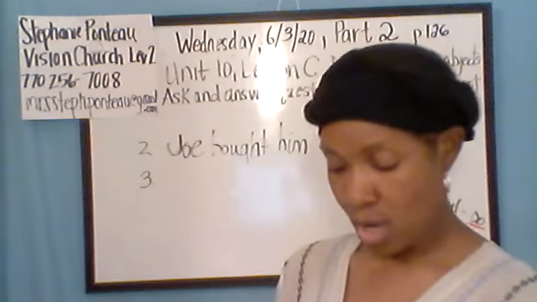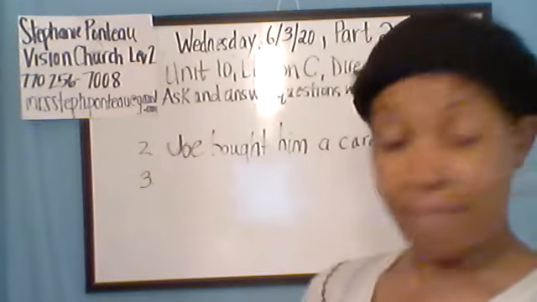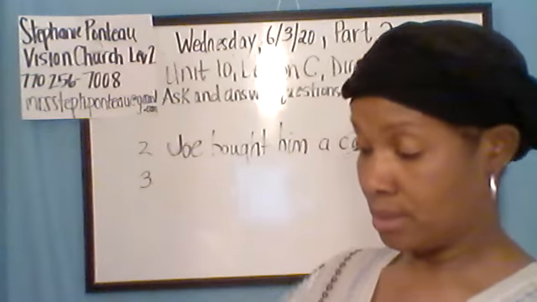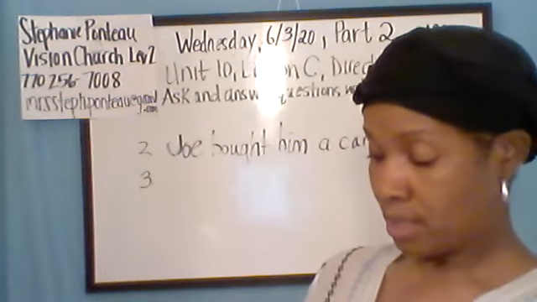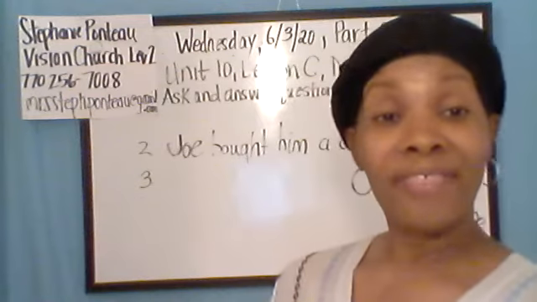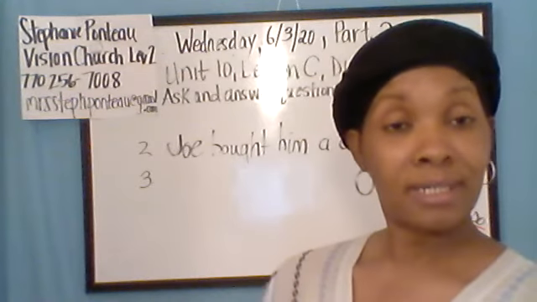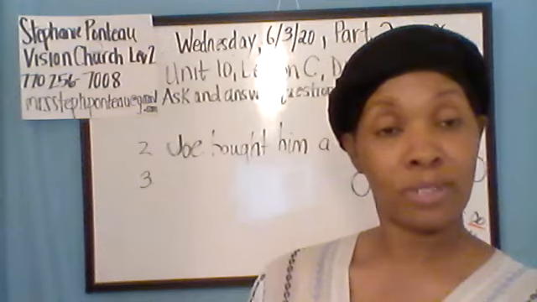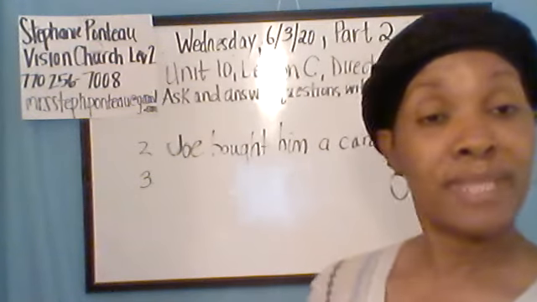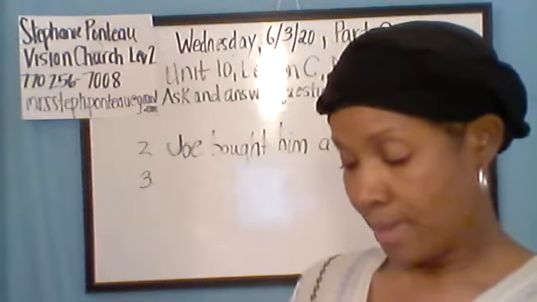Number 4, what did Joe buy Mary and Judy? Look up at number 4 in 2A. Joe bought them a cake. Them is the plural. Since it's 2 people, it's more than one, so you use them. So Joe bought them a cake.